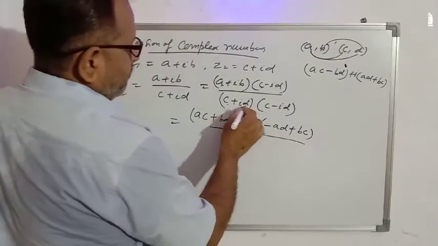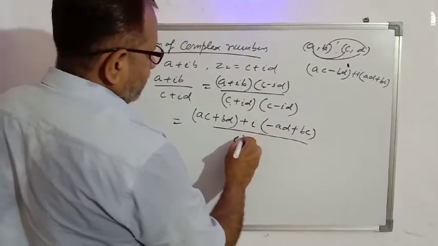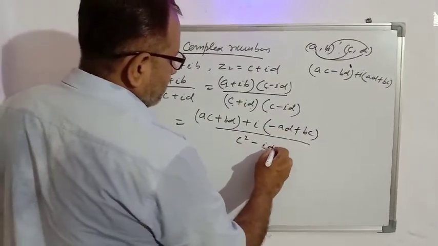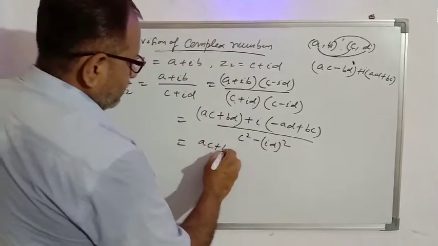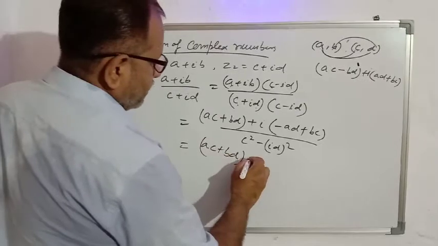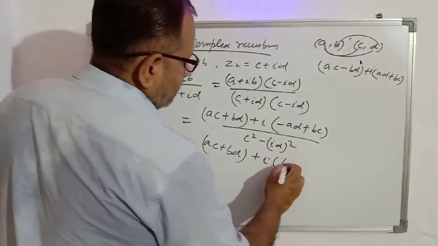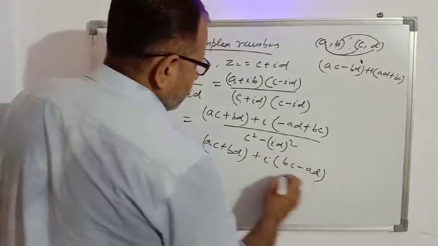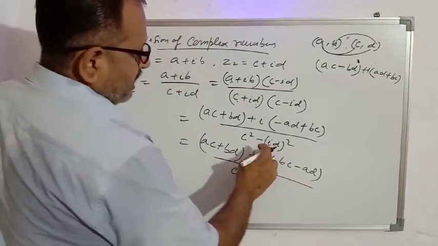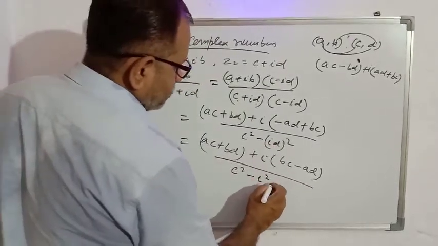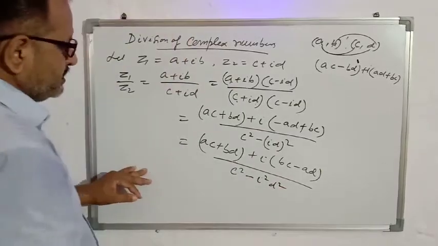upon a plus b, a minus b. So we will write c square minus i square d square. So ac plus bd plus i bc minus ad upon c square minus i square d square.